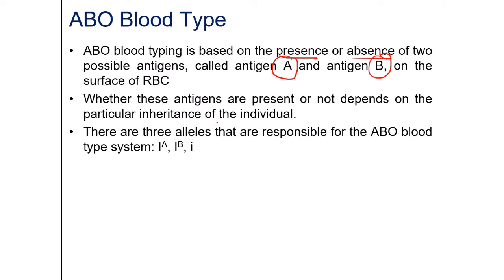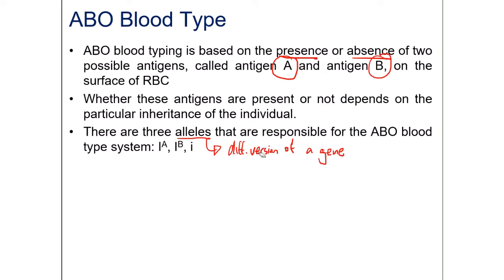In the human population, there are 3 alleles that are responsible for the ABO blood type system. And if you don't remember what alleles are, you learned them last semester. The alleles are basically different versions of a gene. So in this case, we're talking about the gene that determines your ABO blood type.